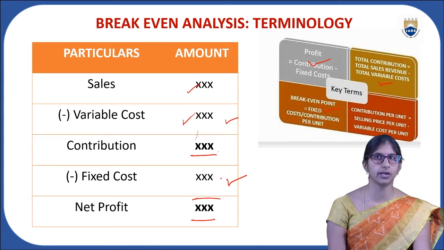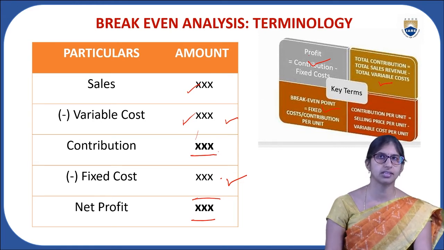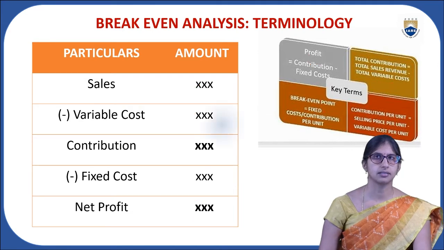If we want to find out the contribution per unit, we need to take selling price per unit minus variable cost per unit. Okay. So these are the terminologies or formulas which we have in this break-even analysis.